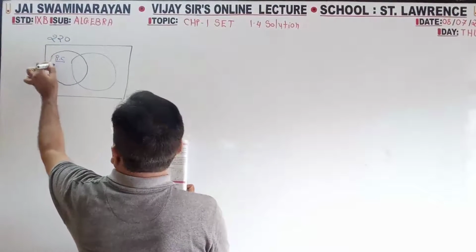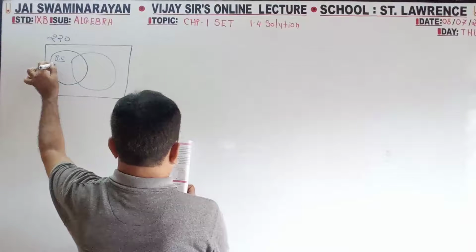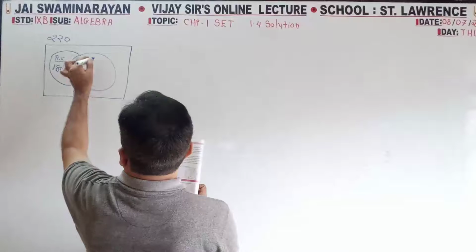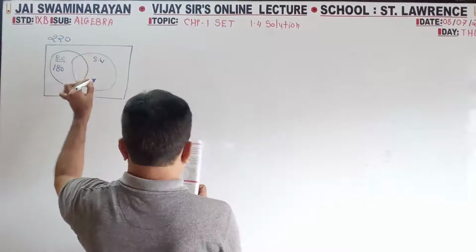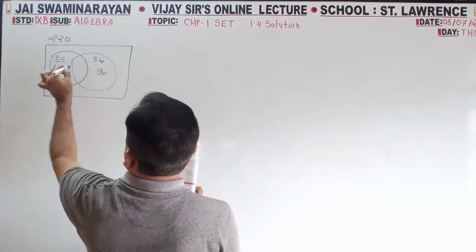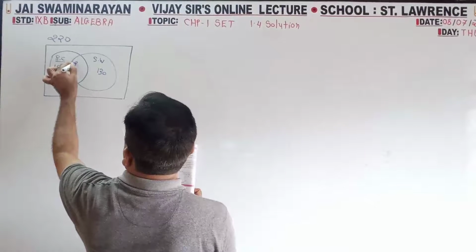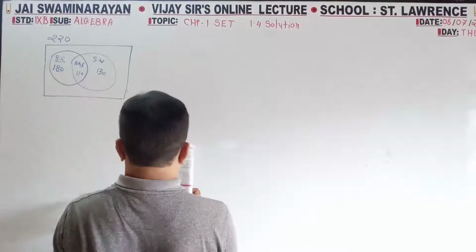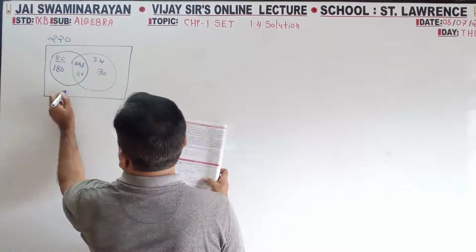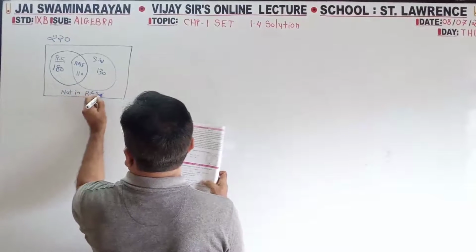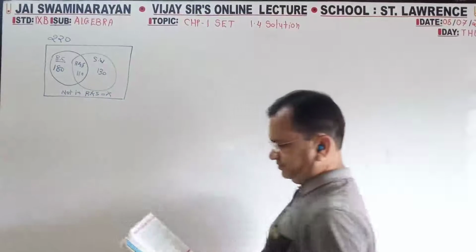Rock climbing group 180 students. Sky watching group 130. And both rock and sky 110. Not in rock and sky, X.